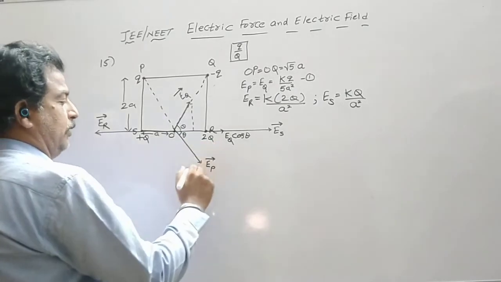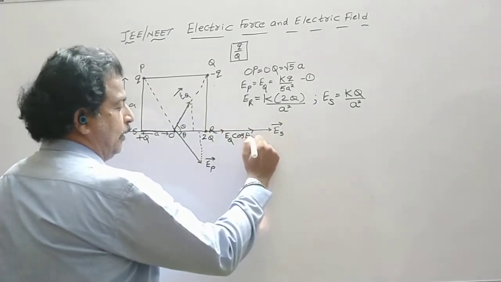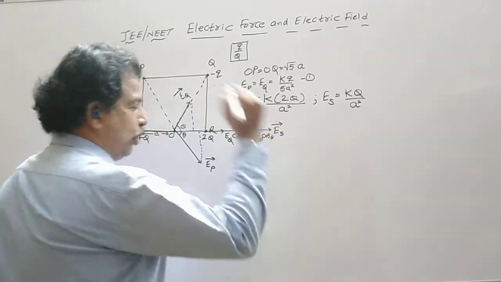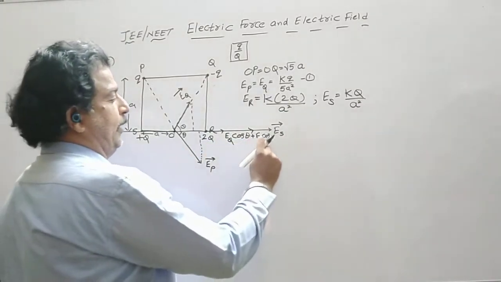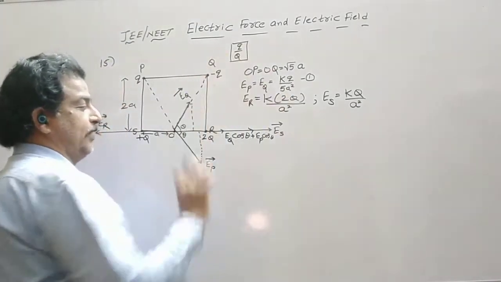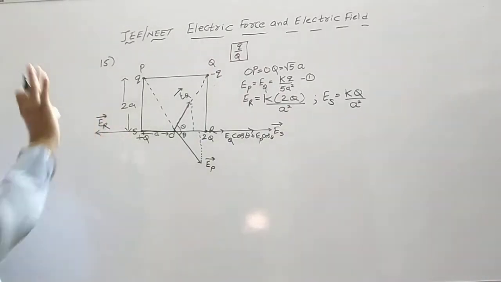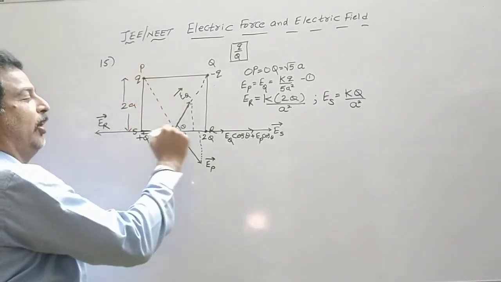Then this component is plus EP cos theta. So EQ cos theta, EP cos theta and ES are all in the same direction, while ER is in the opposite direction.